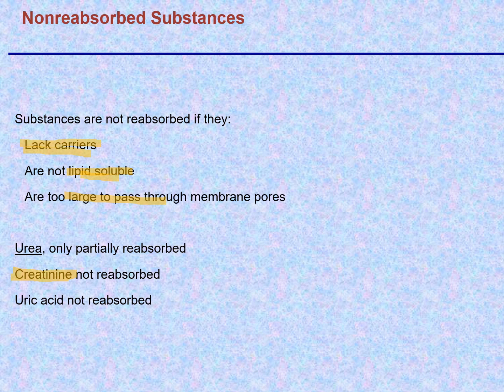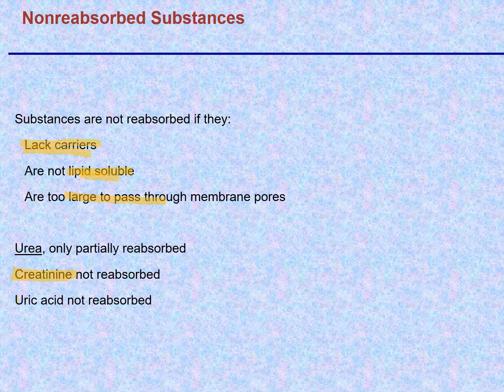In the body, there's a steady production of creatinine, and creatinine is always excreted out in the urine, and none of it gets reabsorbed, so there should be a steady release of creatinine in the urine, and creatinine should therefore never accumulate in the blood plasma.